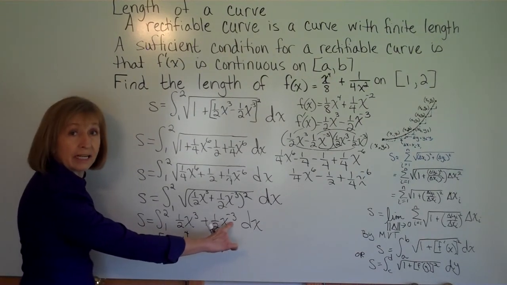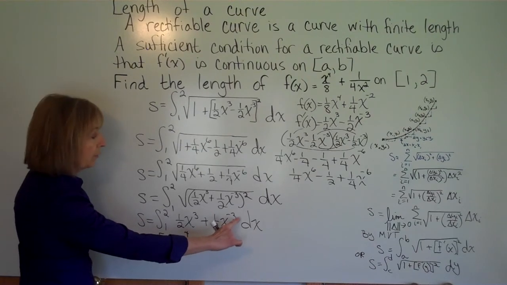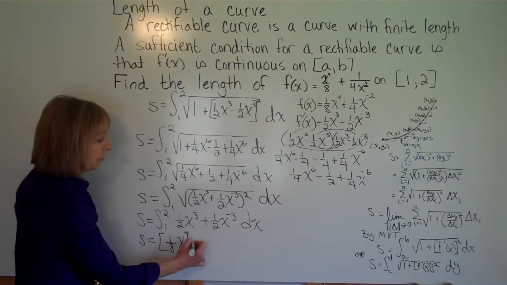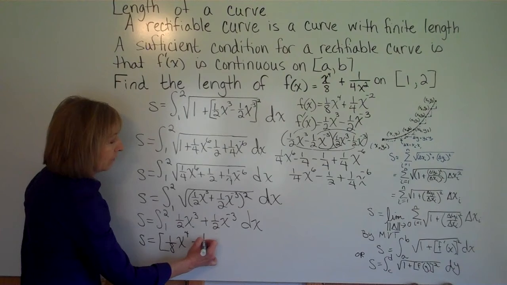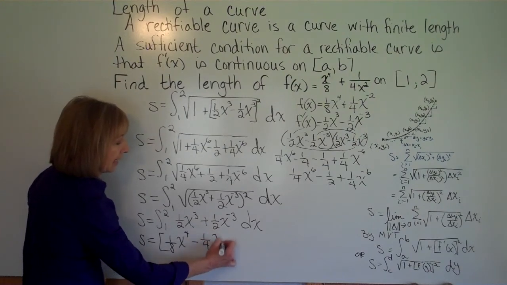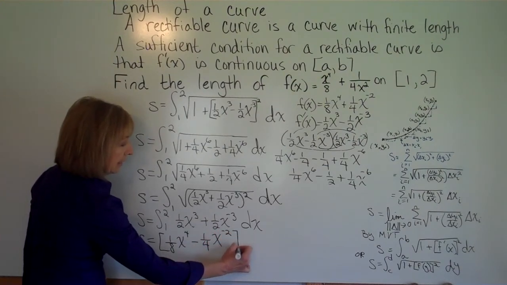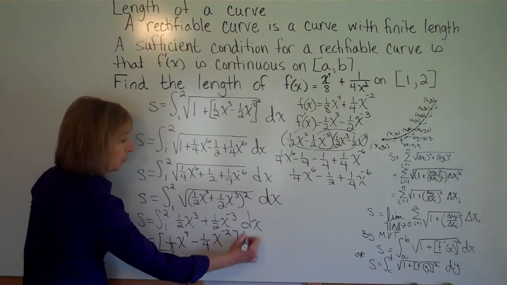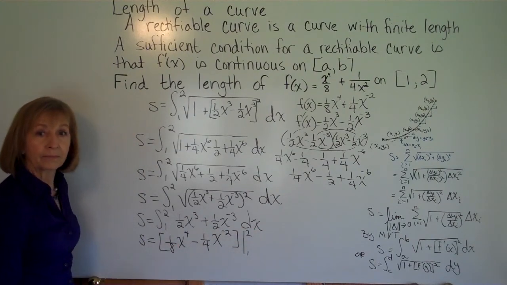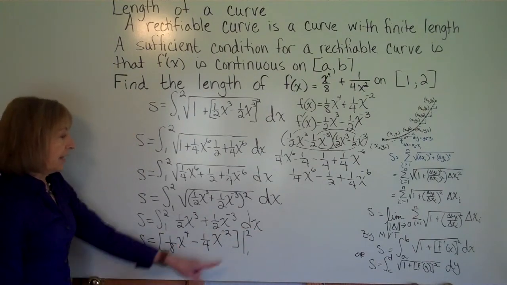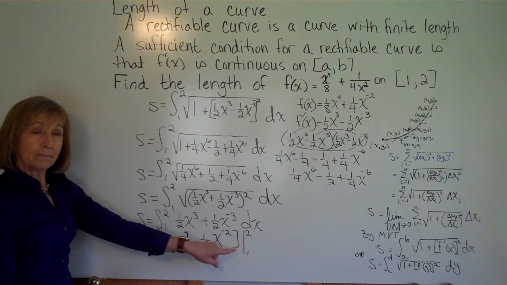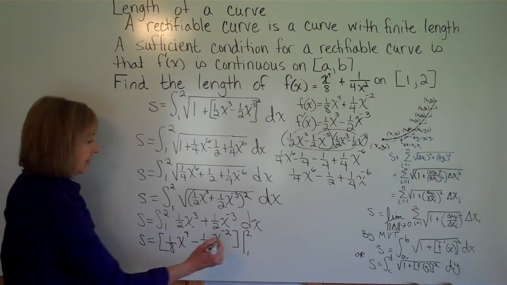Now add 1 to negative 3, you get negative 2. And when you divide by negative 2, you're going to get a negative 1/4 x to the negative 2. And you're evaluating that from 1 to 2.